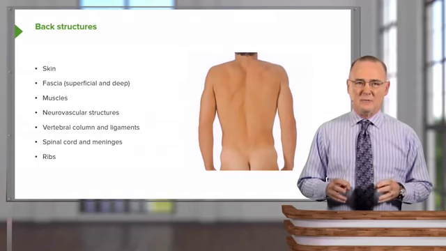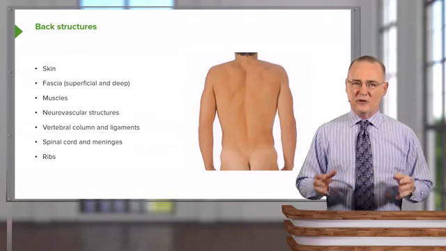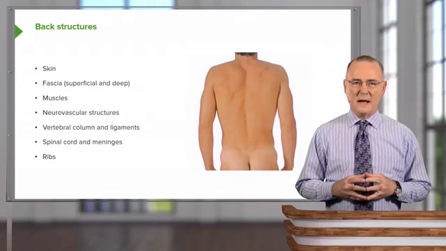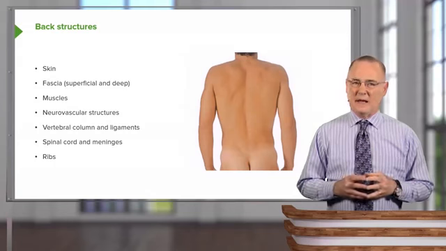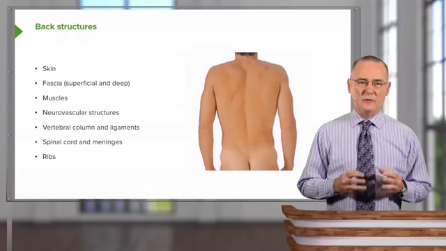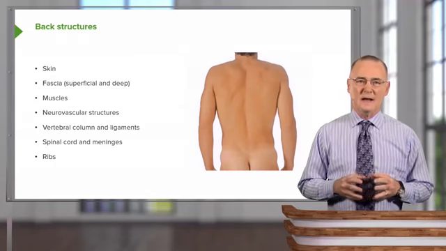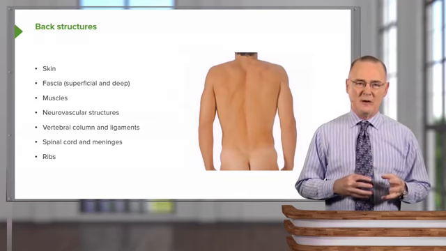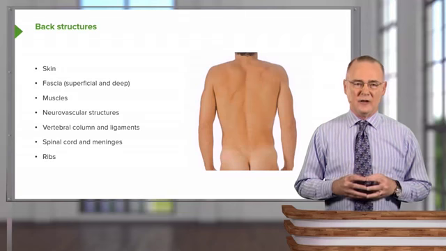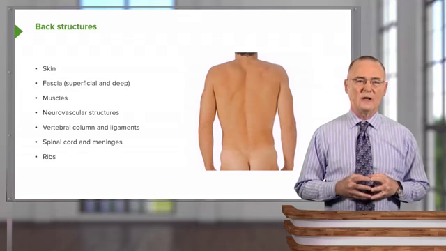This list just provides you an idea of the structures that are associated with the back, moving from superficial to deep. We would have the skin. Underlying the skin, we'd have superficial fascia, and then deep to the superficial fascia, deep fascia, we'd have our muscles. Also in this area, we'd have relevant neurovascular structures.